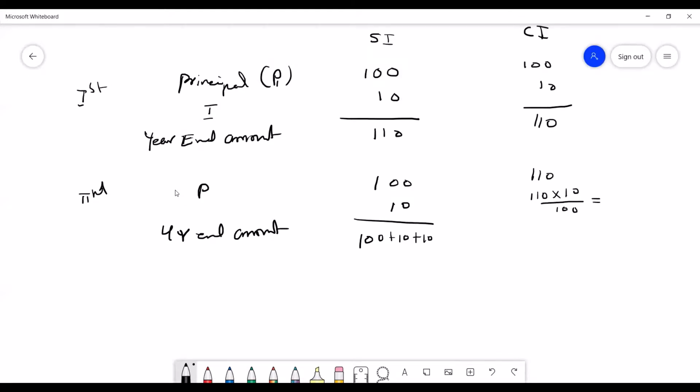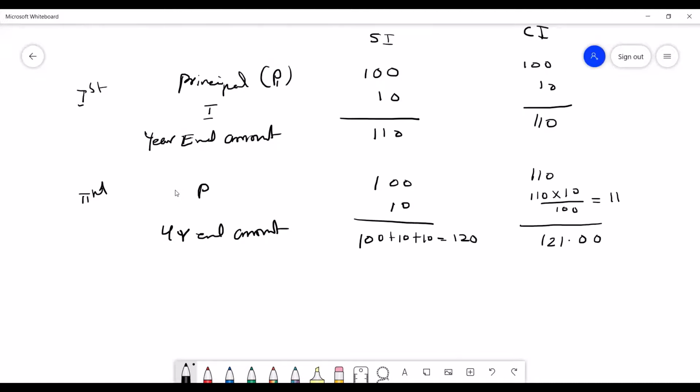So here it is going to get interest as 11 rupees. It means that the year end amount here will be 121 rupees. And here it will be 120 rupees only.